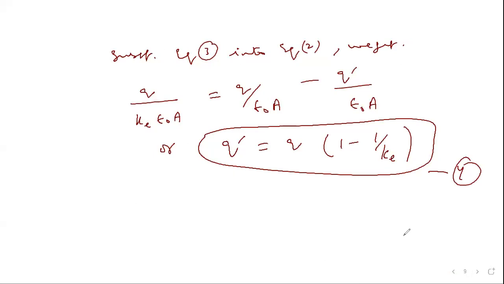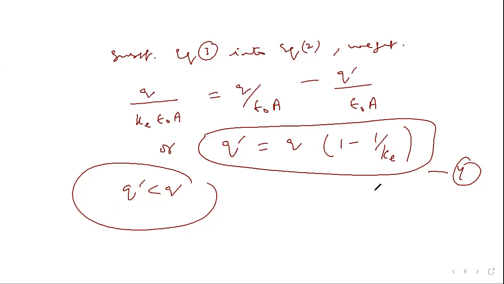This equation 4 shows that induced surface charge Q prime is always less in magnitude than the free charge Q, and is equal to 0 if there is no dielectric present.